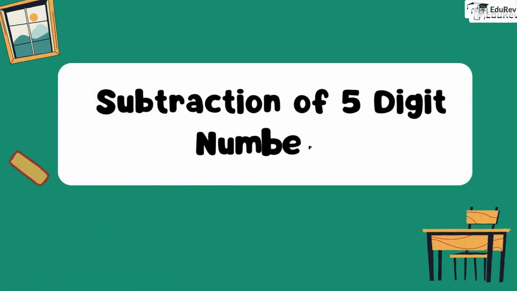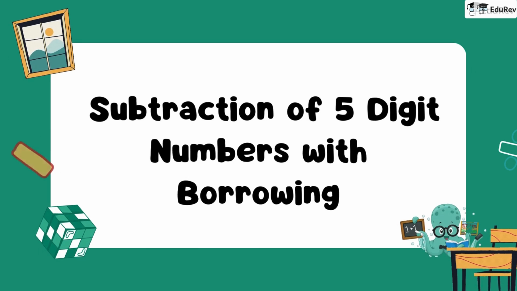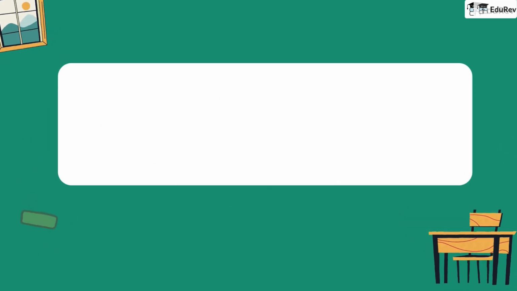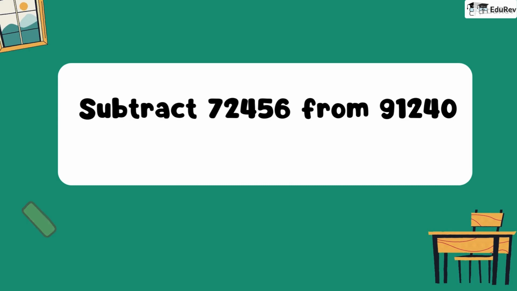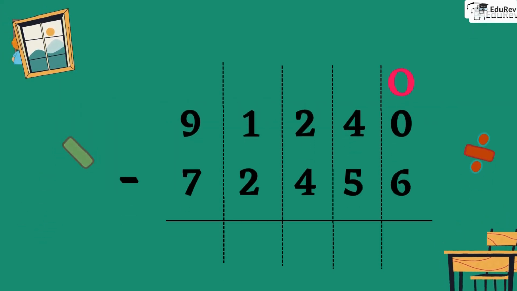Let us learn subtraction of 5-digit numbers. Subtraction of 5-digit numbers with borrowing. Subtract 72,456 from 91,240. Arranging the digits column-wise, we have 0 and 6 at ones place, 4 and 5 at tens place, 2 and 4 at hundreds place, 1 and 2 at thousands place, 9 and 7 at 10,000s place.